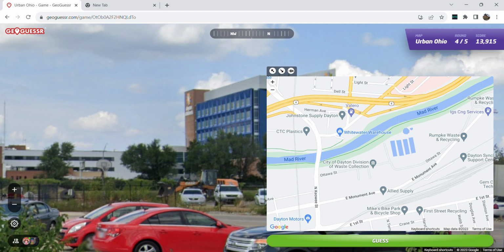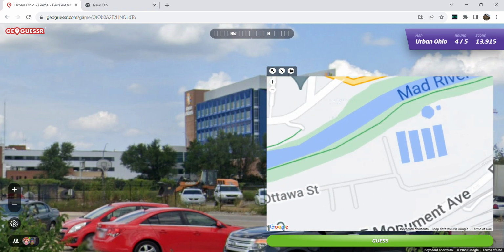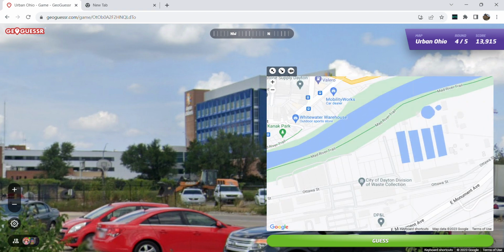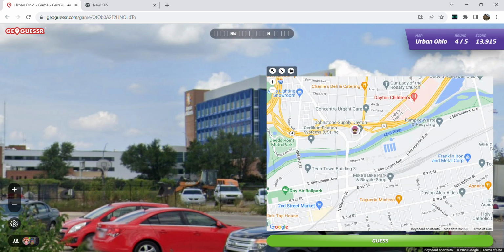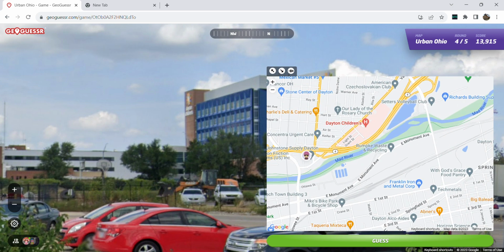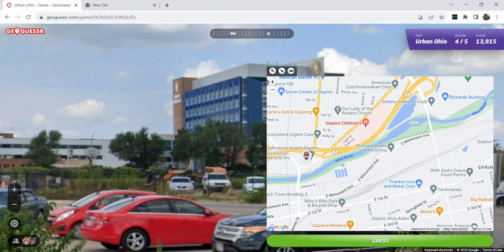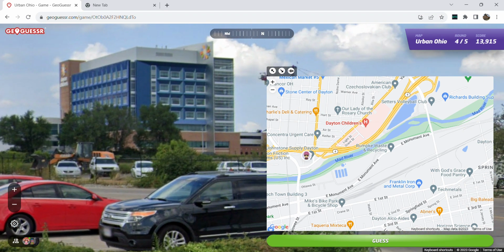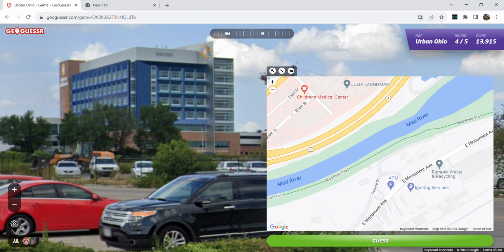So Dayton Children's, yeah, we were looking at, I think, Route 4, going into 75, and we got to be here. So we're looking northwest. Northwest towards Dayton Children's. Really? No, more just straight north.